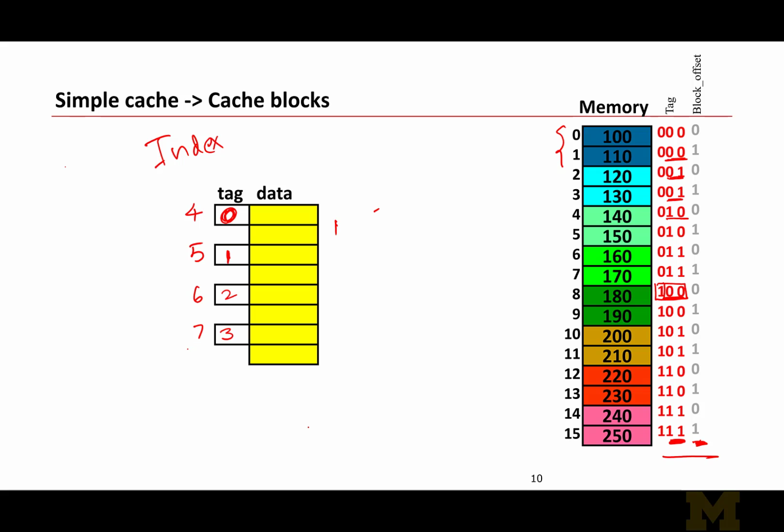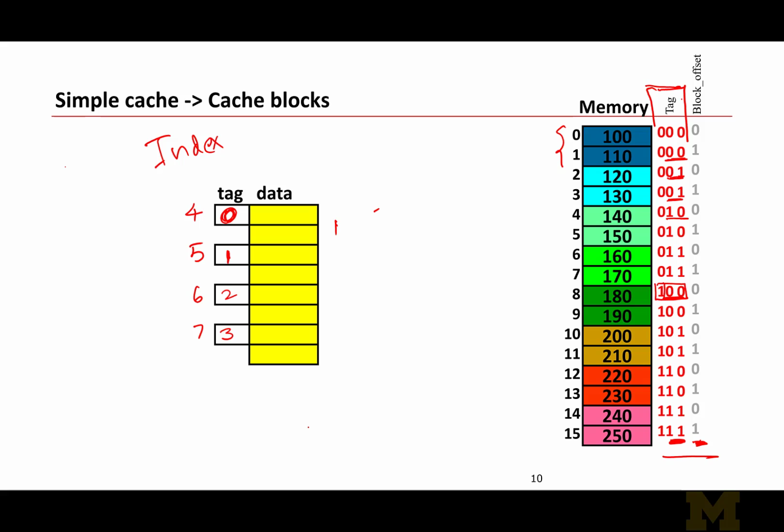So when I talk about block address, I'm talking about the tag so far, right? The tag that we had in our original design. I'm talking about that as a block address because I don't really need the block offset, which basically tells me which byte in the block. So the block address is effectively everything in your address except the block offset.